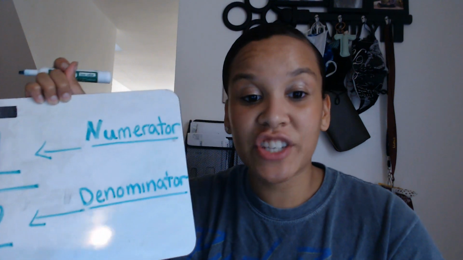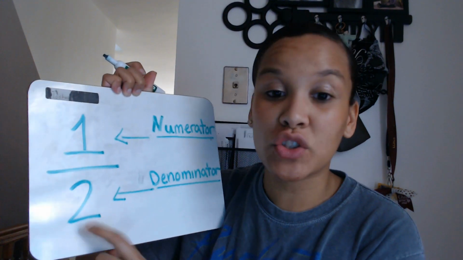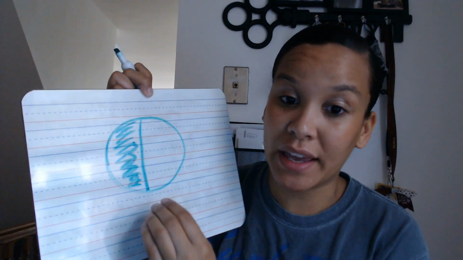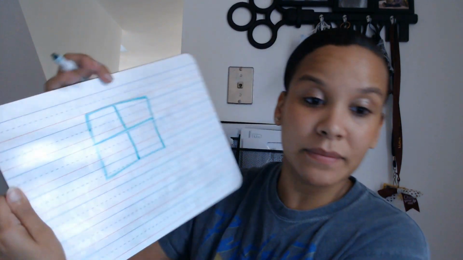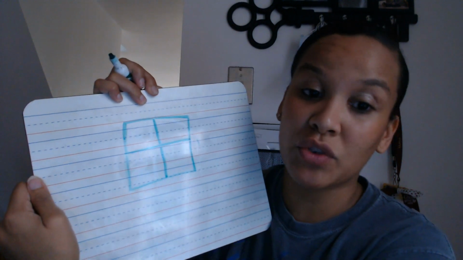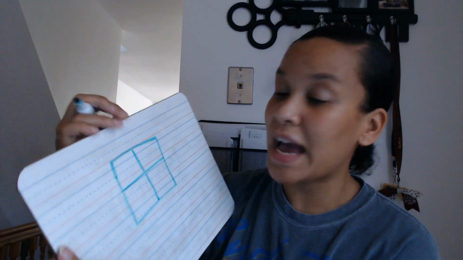You will have shapes that may have more than 2 parts in the denominator, and half of it is colored in. For example, I'm going to draw a square that is cut into fourths. So that means it has 4 equal parts. Here's my square cut into fourths, 4 equal parts. I'm going to shade in 2 of my parts.